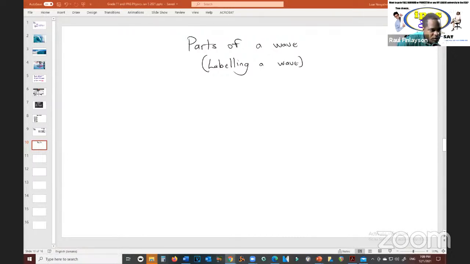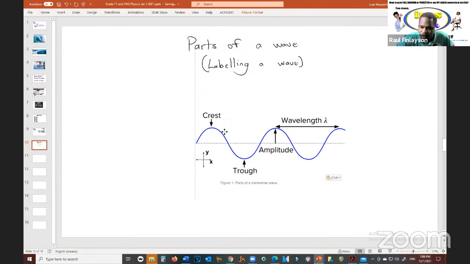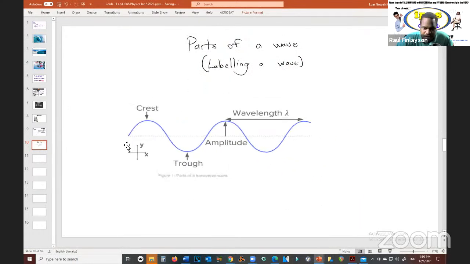The other waves definitely have the same things, but transverse waves are easier to identify.